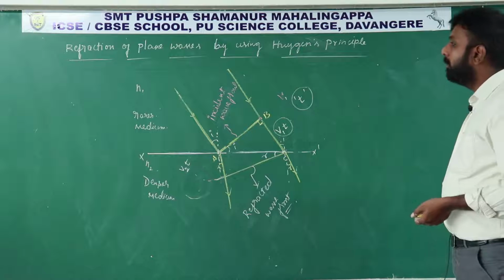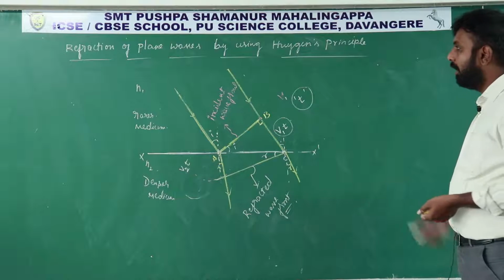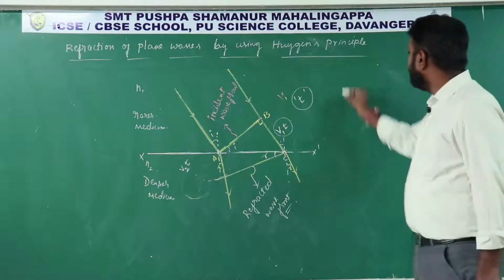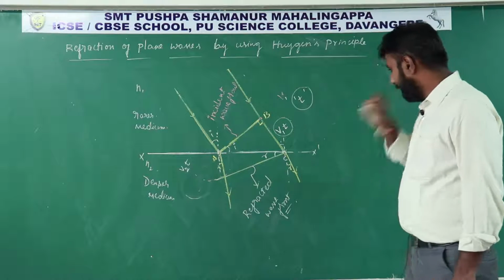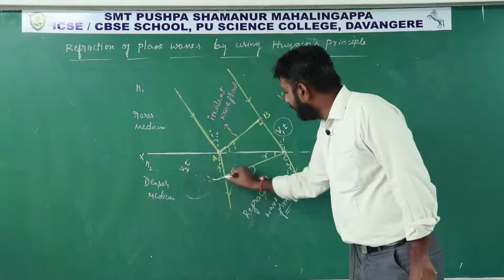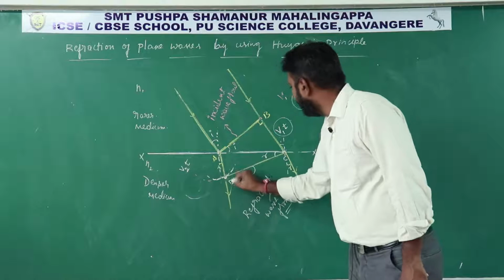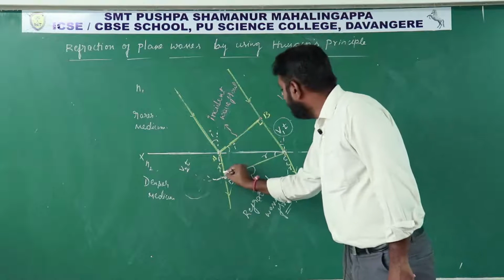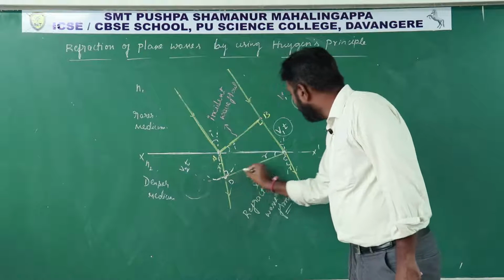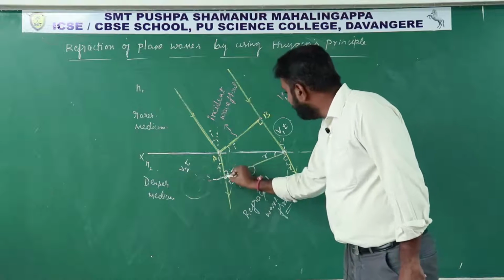Then how do we explain or prove the refraction phenomena? Here you can see the triangles. This is the sphere we have drawn, right? Let us say this point is D. Always remember, for the ray of light and the wavefront, the angle is 90 degrees.